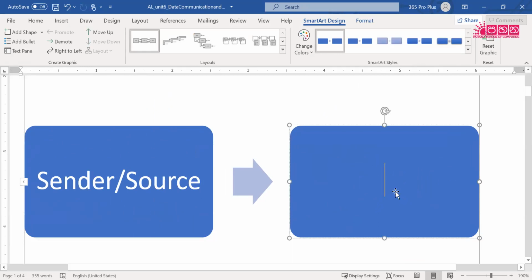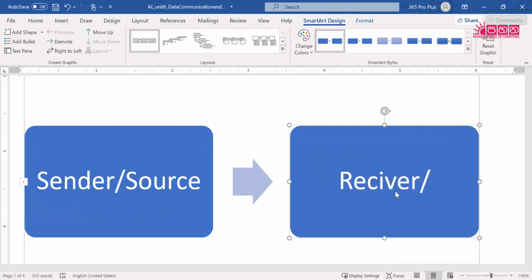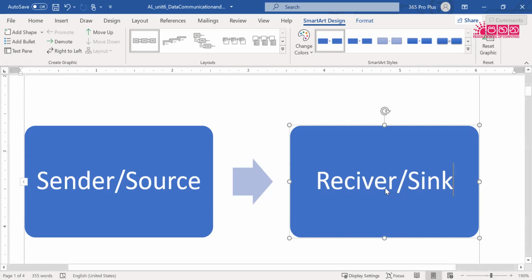The other side, the receiving side, we have the receiver. This is called the sink, or sometimes we call it the destination.